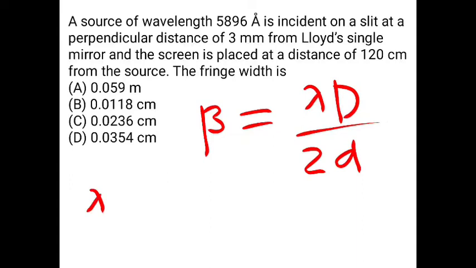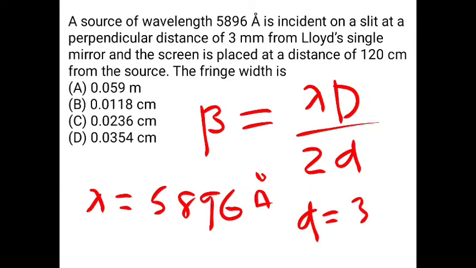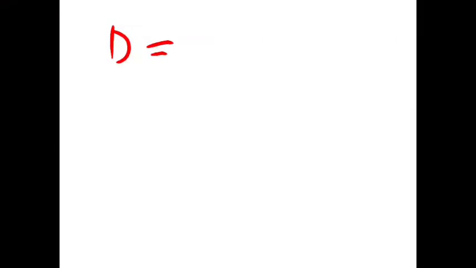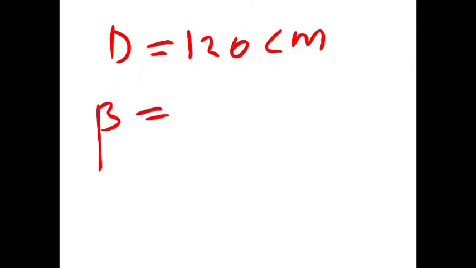Here lambda equals 5896 angstrom, small d equals 3 mm and capital D equals 120 cm. Substituting the values, we get option B, 0.0118 cm.